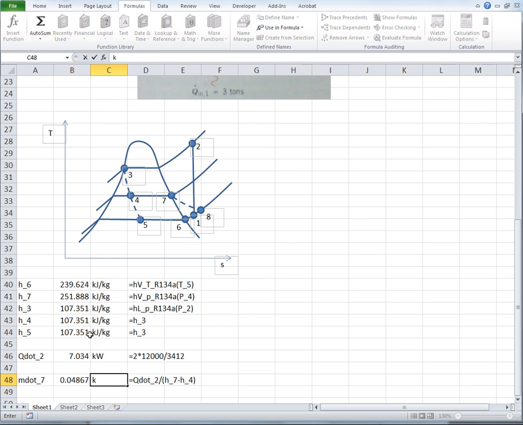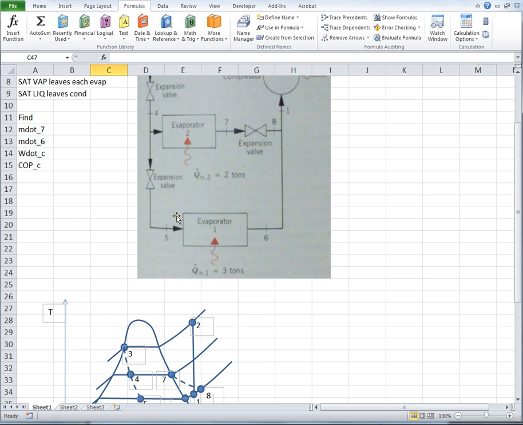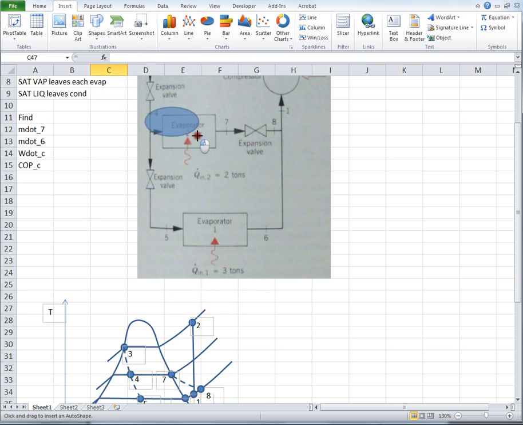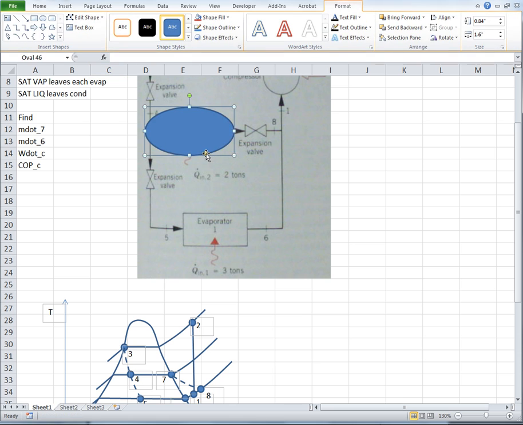Well, it's kilograms per second. That's just coming from a control volume on evaporator 2. We've got enthalpy coming in here, enthalpy going out there, here's how much energy is being picked up, and that's the m dot times delta H for this control volume. I guess we could put a control volume on there. It'll take a second, because when I put a control volume on here, he likes to make it look like that.